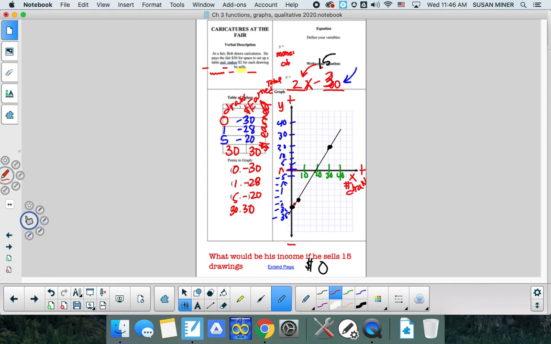I don't want to skip over things for you guys, but that's where I just plotted my points straight from this data up here, and I didn't turn them into ordered pairs. If it helps you to plot your points by turning them into ordered pairs, please do that. I think it asks you to do that on your assignment today in a couple of places. Okay, I don't want to skip out on that.